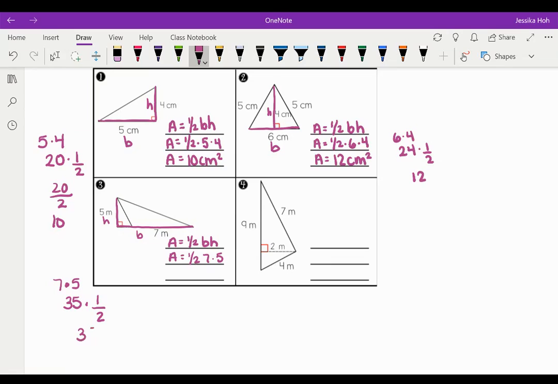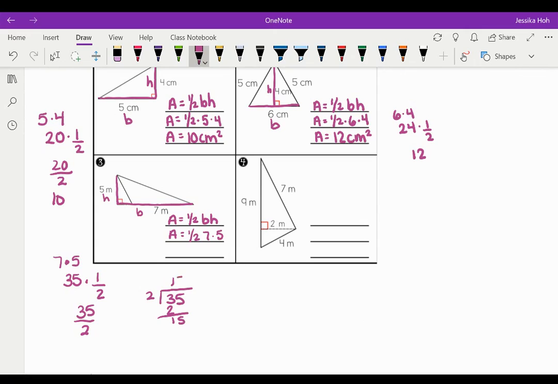So it's 35 over 2. I know that doesn't go in evenly, so let's just do the math over here. Remember this, we can add a decimal, put a 0 there. So then we're going to bring the decimal up. 2 goes into 10 5 times. Okay, so our area is 17.5 meters squared.